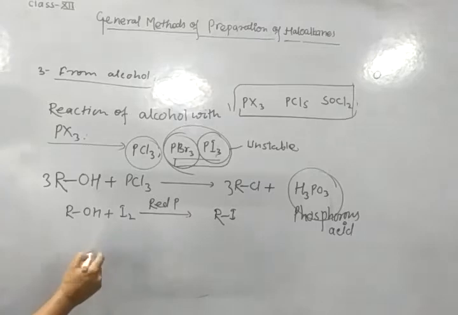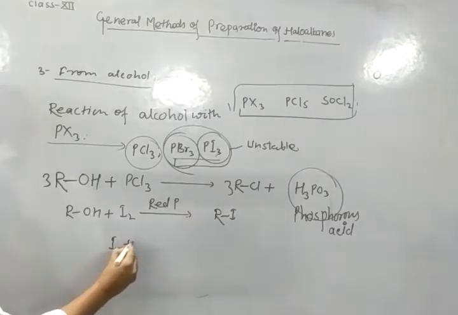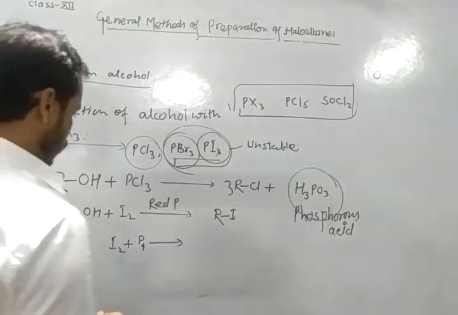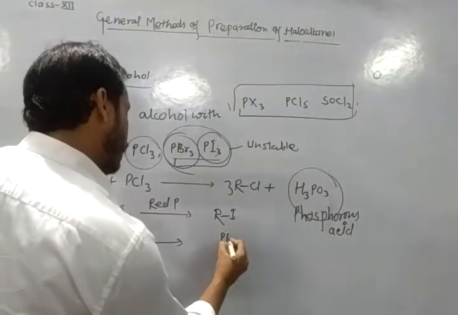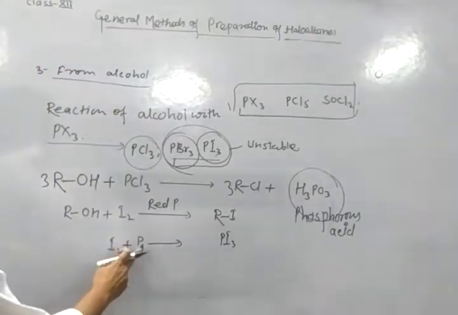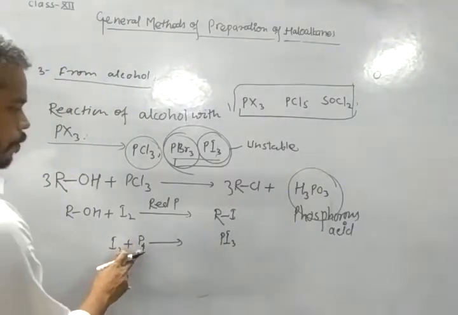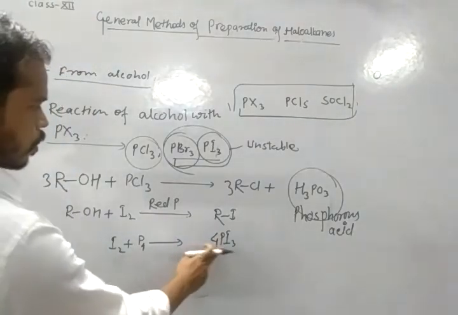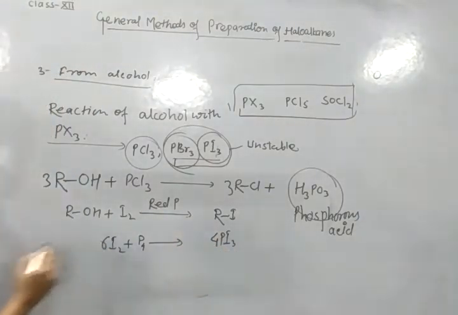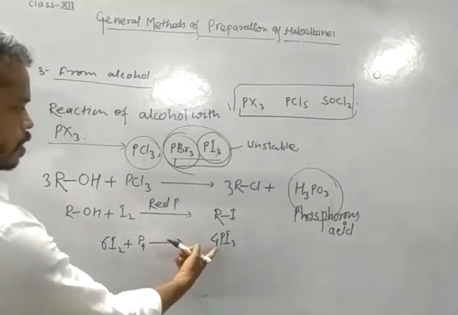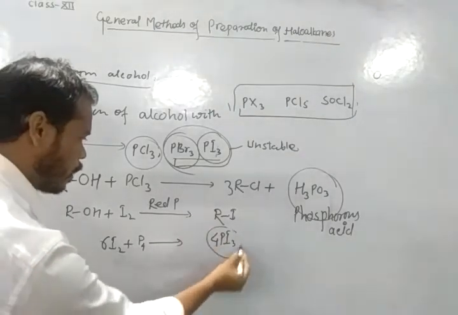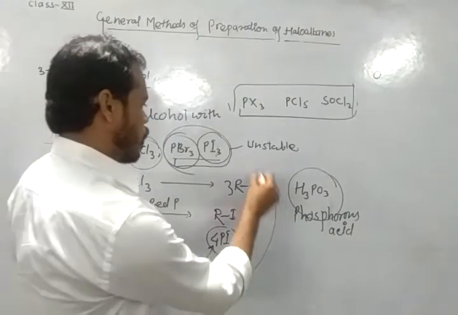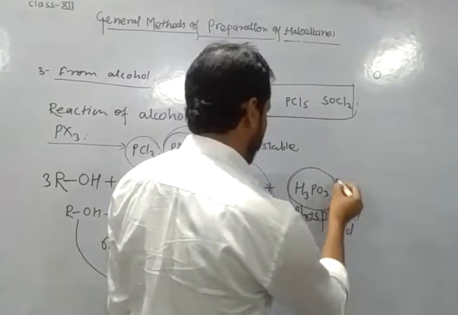First of all, iodine reacts with red phosphorus to form PI3. To balance this equation, there are 4 atoms of phosphorus, so multiply by 4, and 4 times 3 is 12, so multiply by 6. Now this reaction is balanced. Then this PI3 reacts with alcohol to form these compounds.